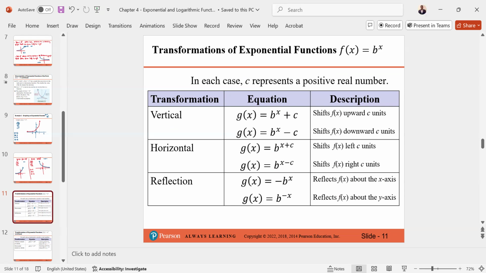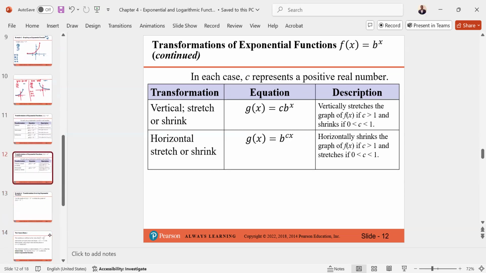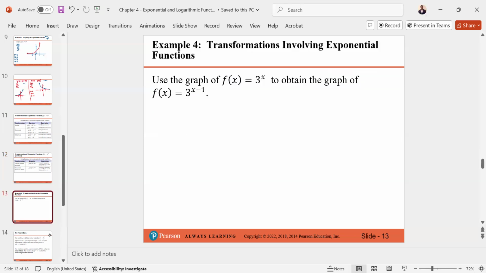So now, we said also, if you have a coefficient in front of your exponential function, it vertically stretches the graph of f of x if c is greater than 1, and shrinks it if c is between 0 and 1. Now, it horizontally shrinks the graph if the constant term is in the exponent. So very often, you can see that way, or you can just construct a table.